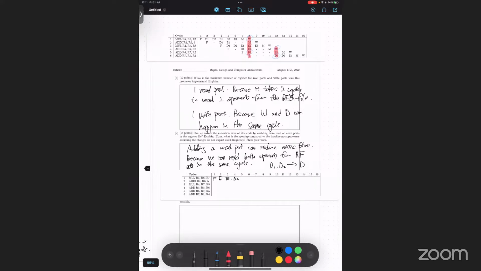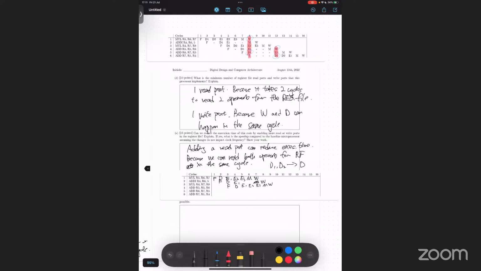E1, E2, E3, memory, write back. Fetch, decode, E1, and we still have to wait for the memory, write back. Fetch, decode, 3 stages of multiplication, memory, write back.